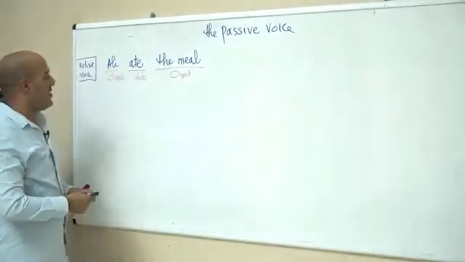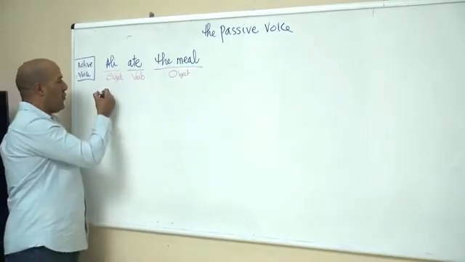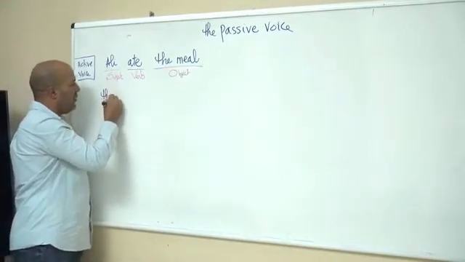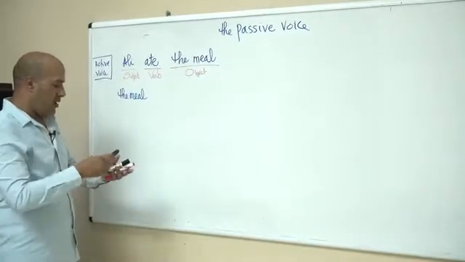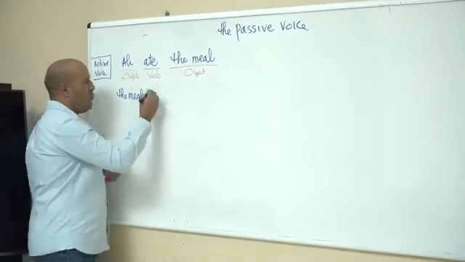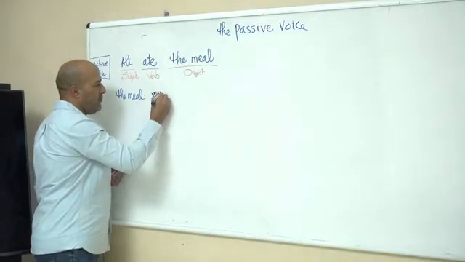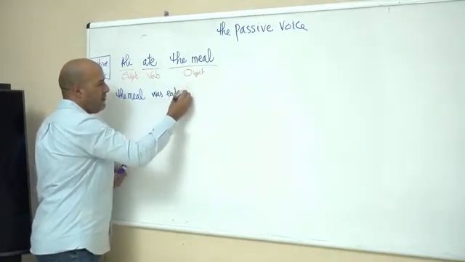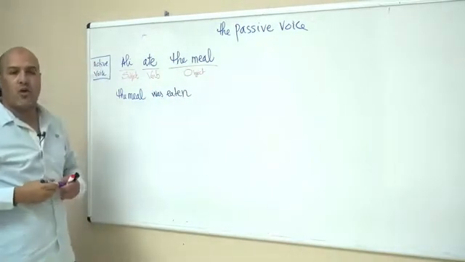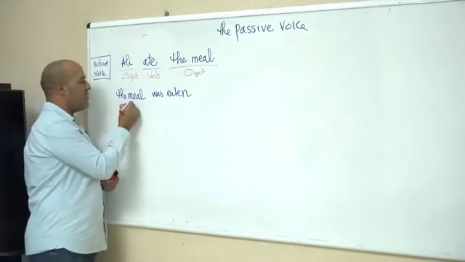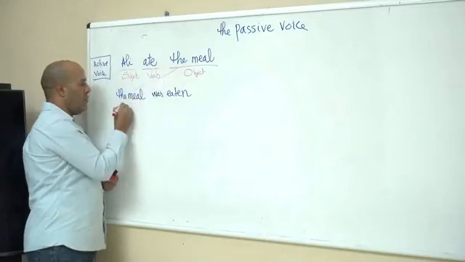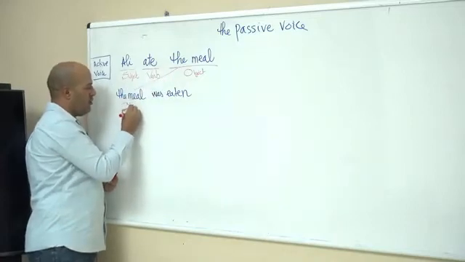So the passive voice sentence, we start with the meal. So was eaten. So the meal was eaten. If you notice, we started with the object.